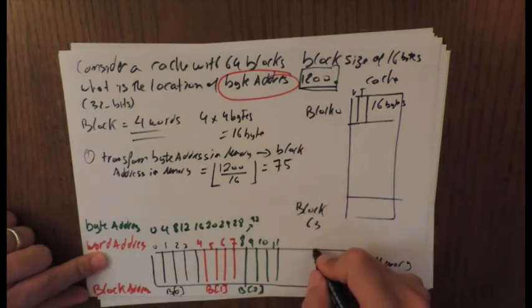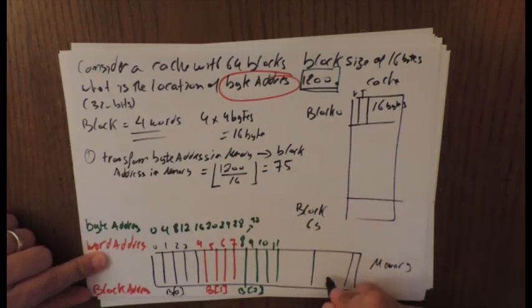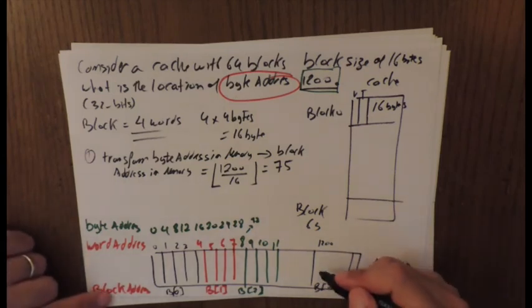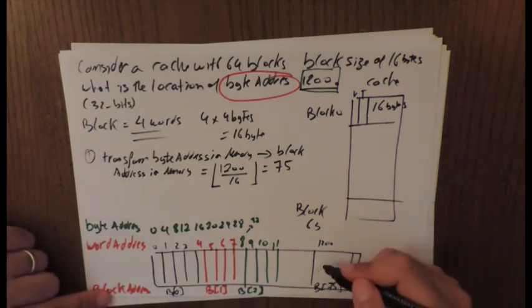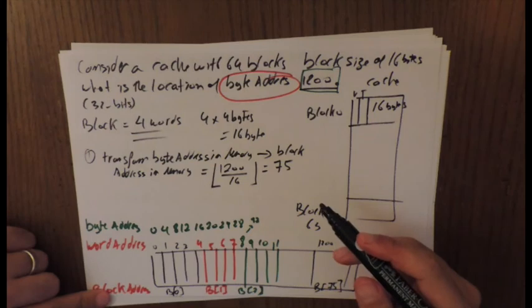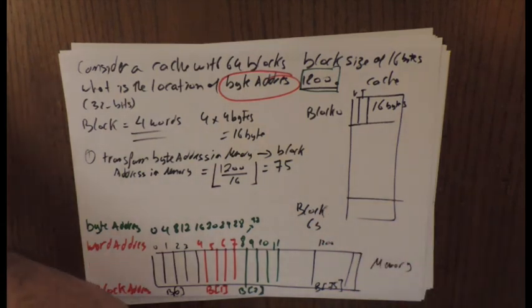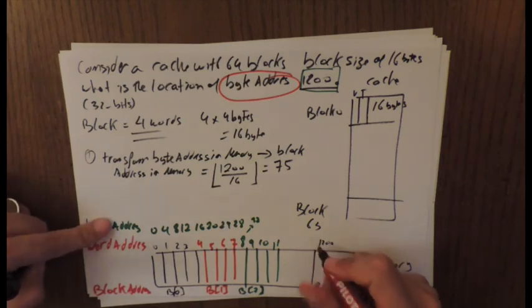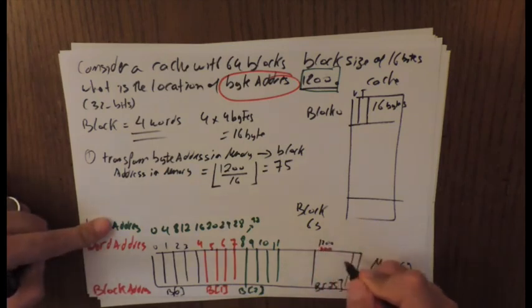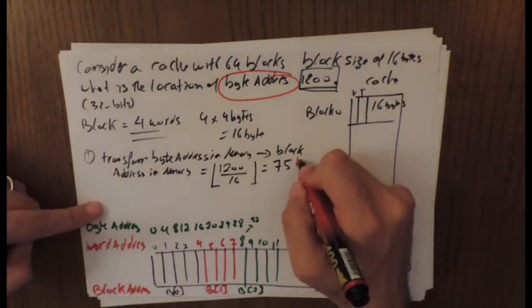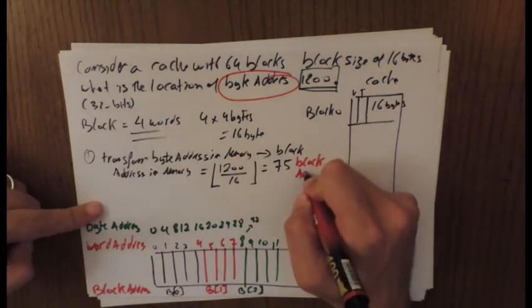So somewhere here we have block 75. We have the 1200 byte address. If I want the word address of it, I divide it by 4 and it will be 300. So this will be word address 300, and this is the block address.